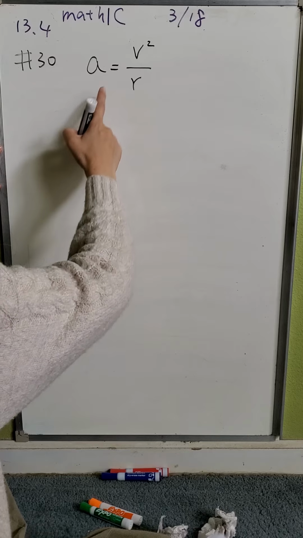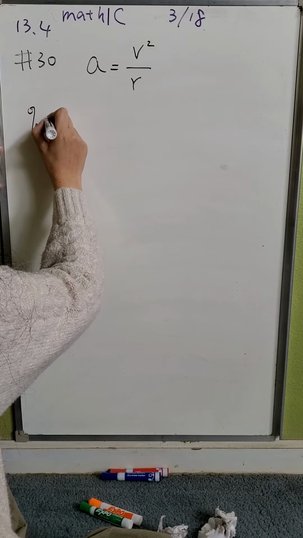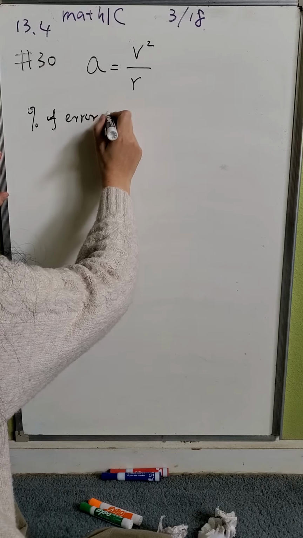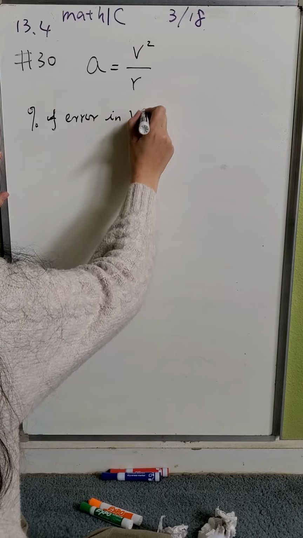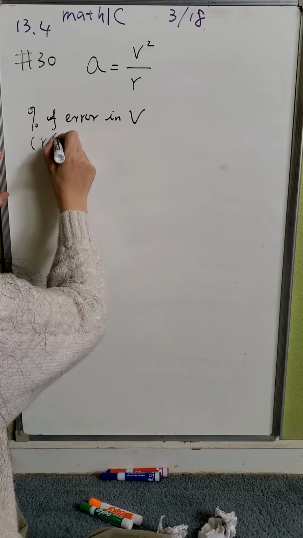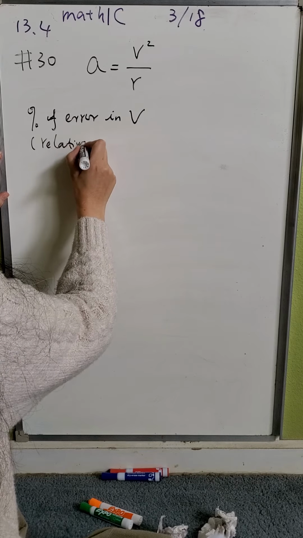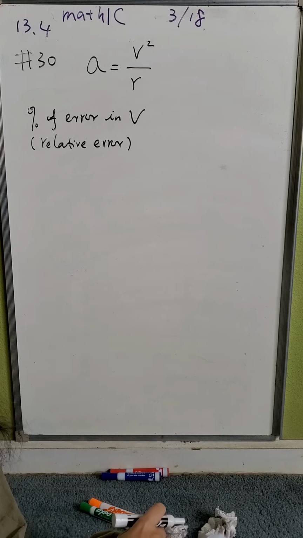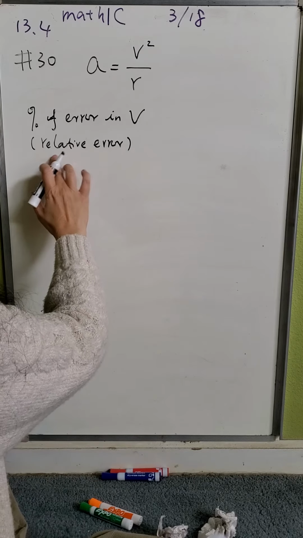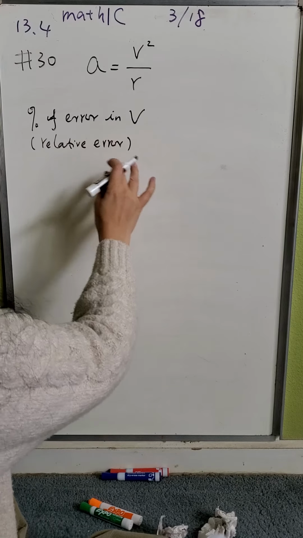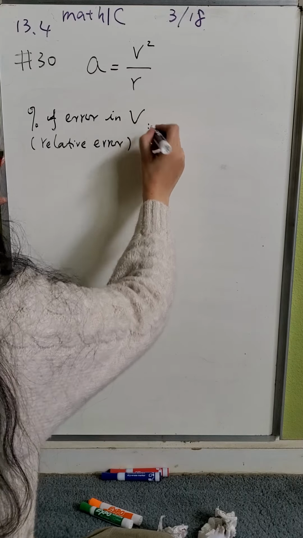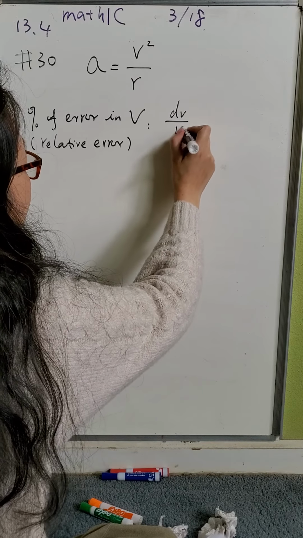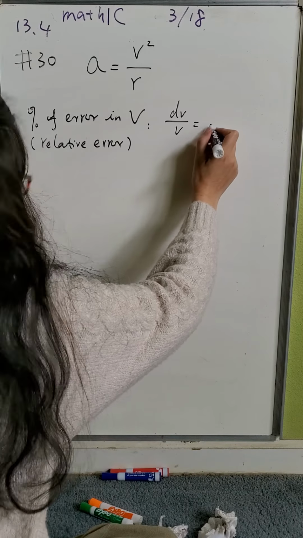They said the percent of error in V, this means the relative error, okay? Now the one we did earlier, the previous problem, the answer we're looking for was the relative error. This time they gave that to us. They say in V, that will be your dV over V is actually equal to 3%.